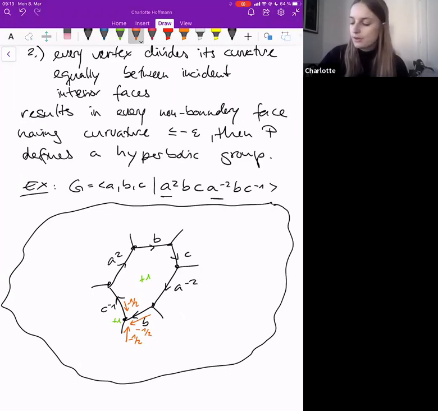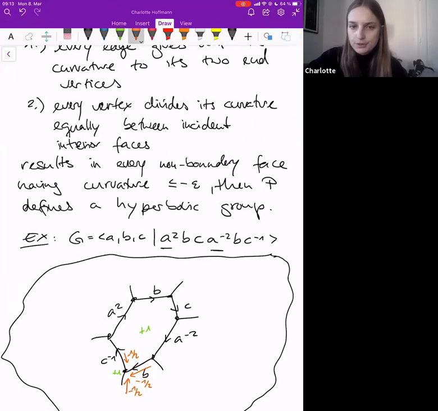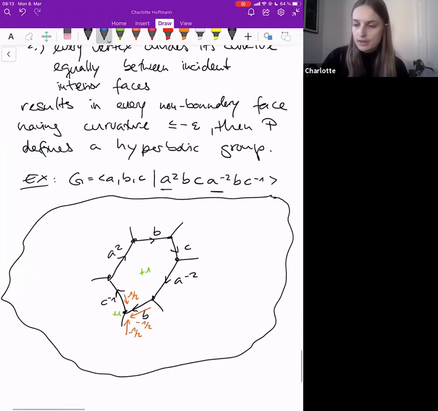And so it ends up with curvature -1/2. Then in the next step, it divides the curvature equally between the incident interior faces. Let's say it's incident to 3 faces, then it gives -1/6 to every face, and also to this one here, -1/6.